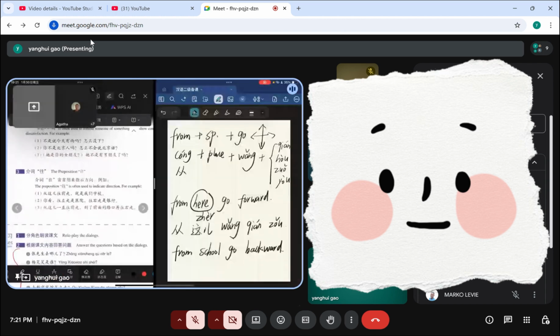From some place and go in a direction. 从 some place 往 the direction. So from here go forward means 从这儿往前走. So now from school and go backward. To say that.